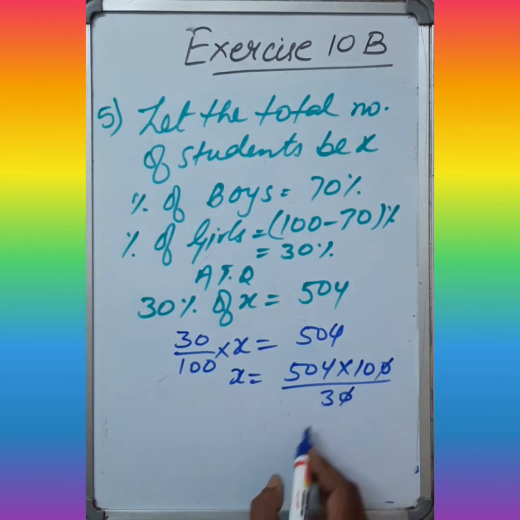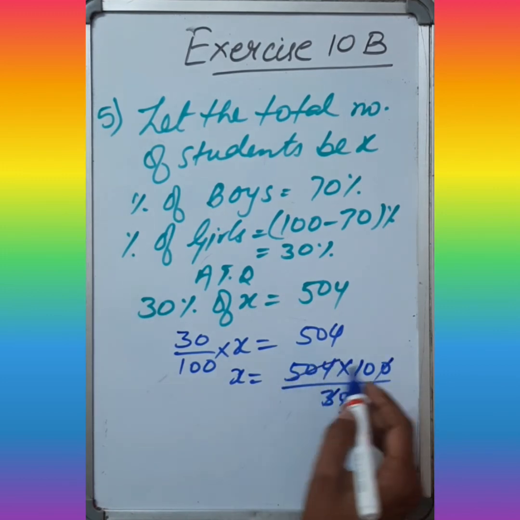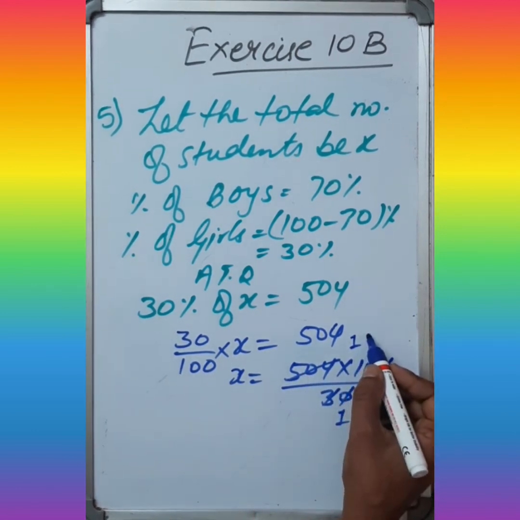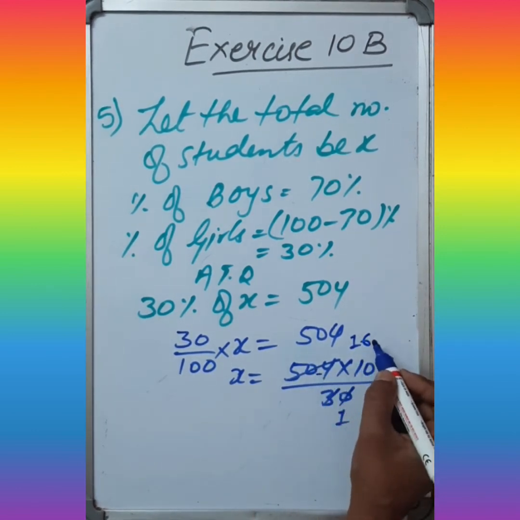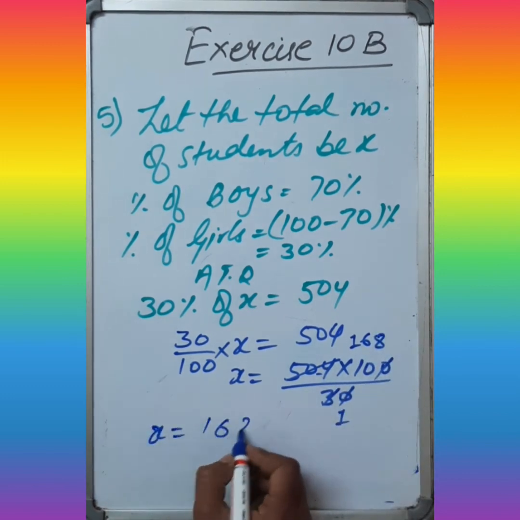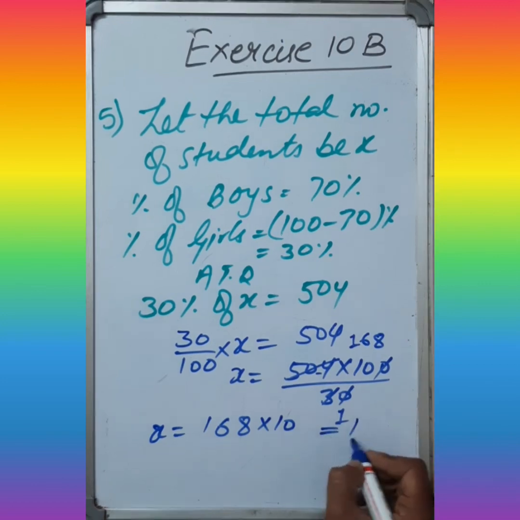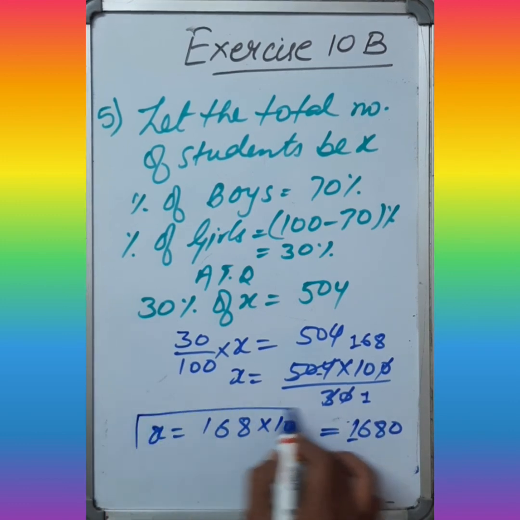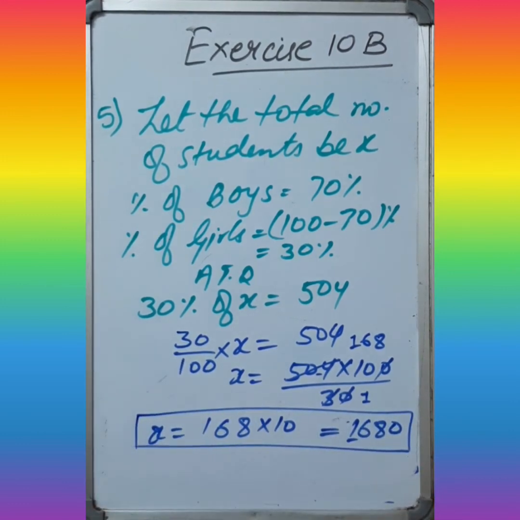This 0 cancels out. 3 1s are 3, 3 1s are 3, 2 remaining, 3 6s are 18, and 3 8s are 24. So x equals 168 into 10, that means 1680. This is the total strength of the school. Now we have to find the number of boys.